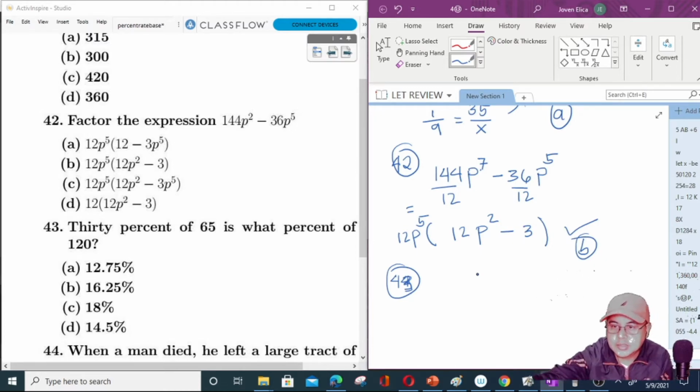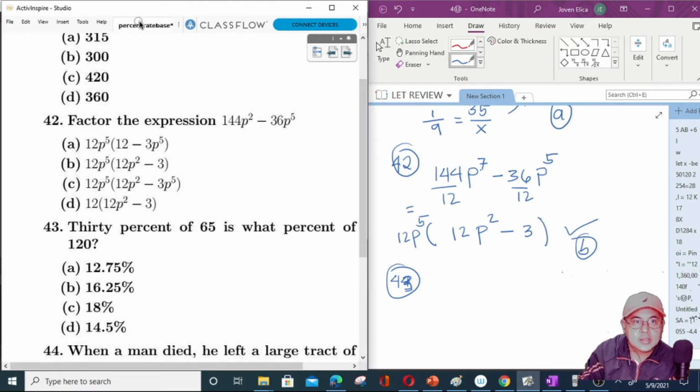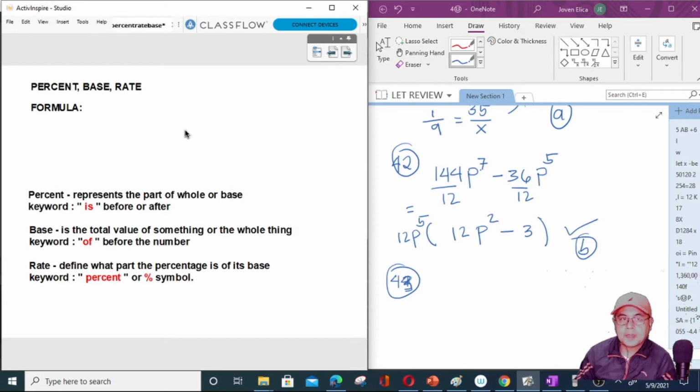About percentage. So, percentage, we all know that. Let's review percentage first. Let us review the formula for percent. This is commonly or normally discussed in grade 6.